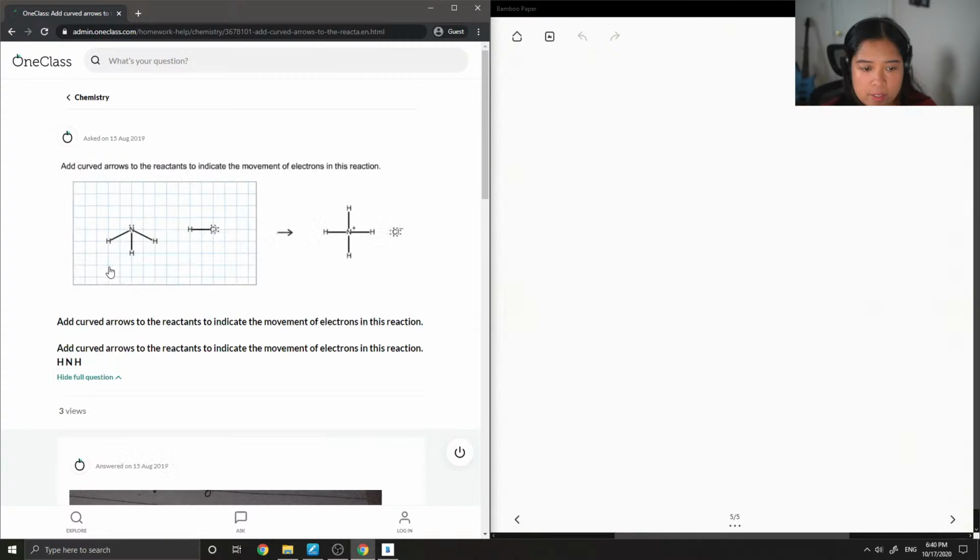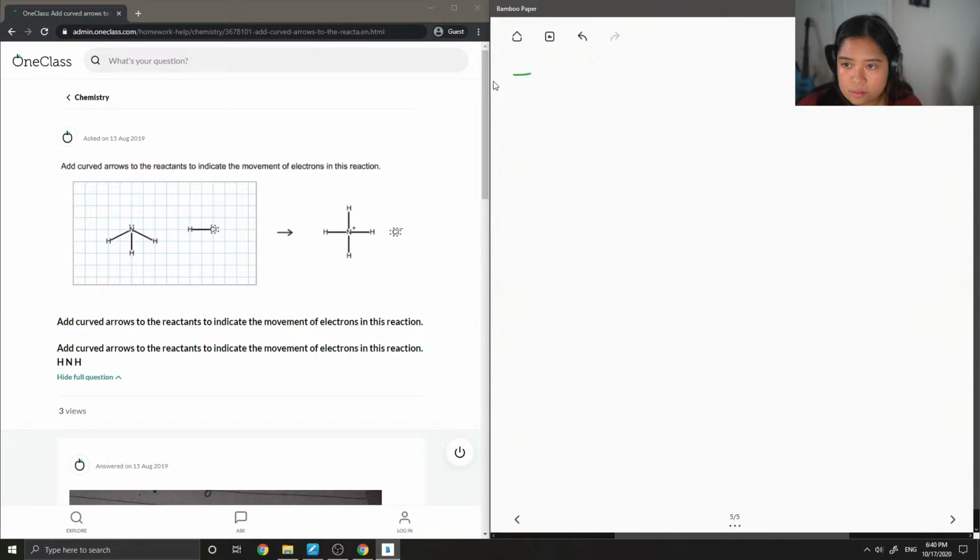Okay, so on to question number 5. Add curved arrows to the reactants to indicate the movement of electrons in this reaction. And I'm pretty sure this is question 5. So this is fairly easy. We have an amine group here.